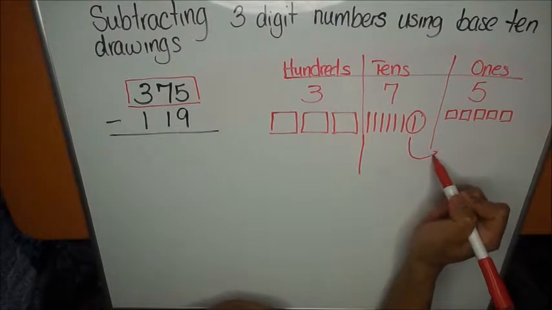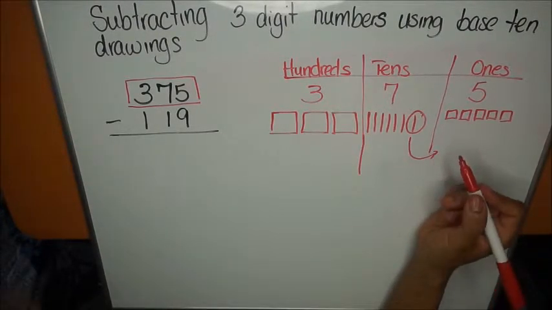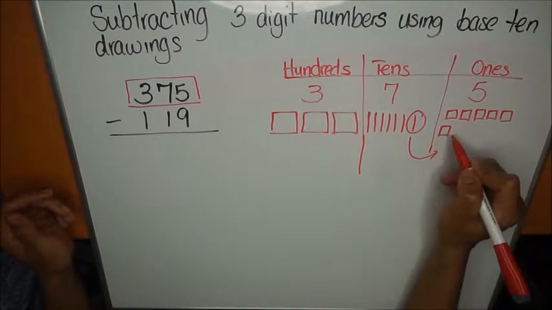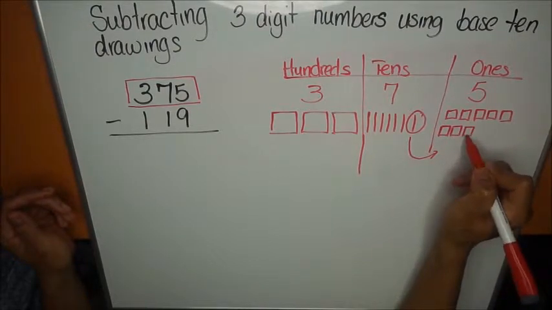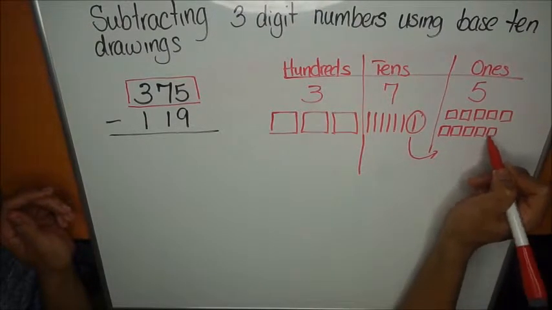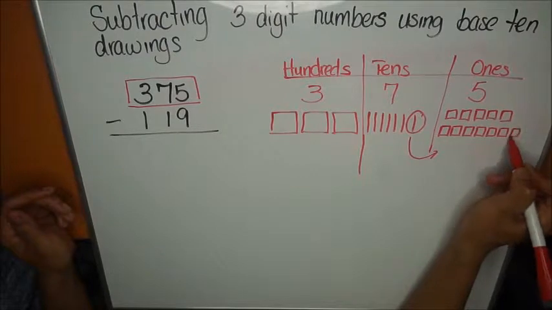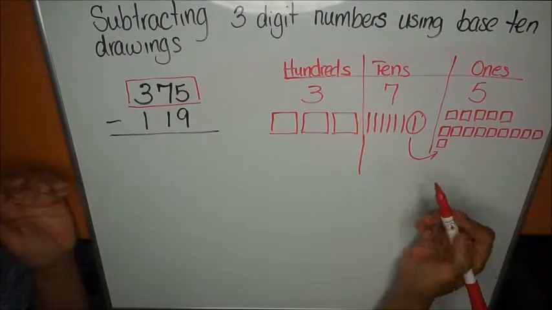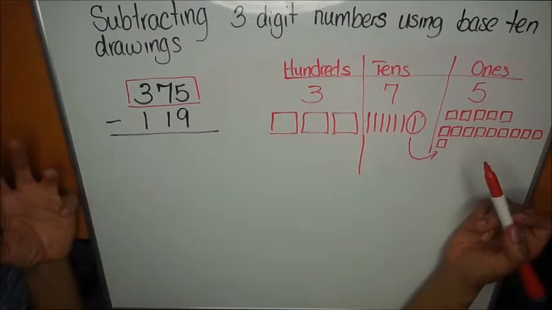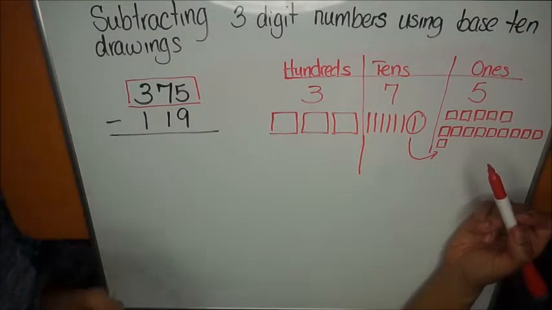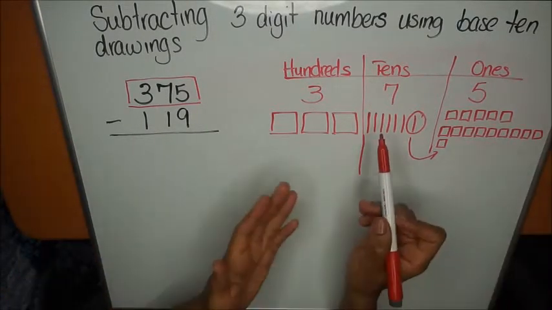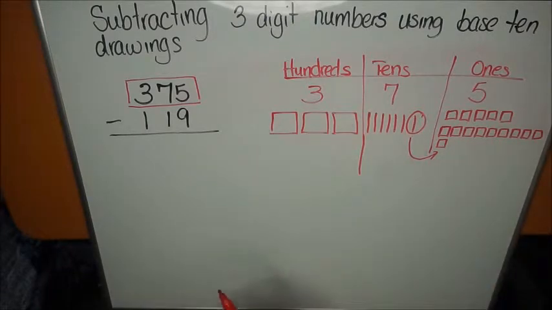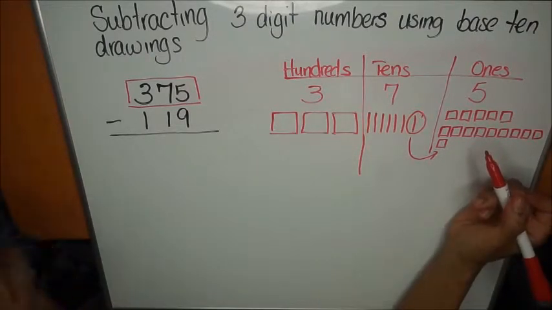So I'm going to convert my long into 10 units. 1, 2, 3, 4, 5, 6, 7, 8, 9, 10. And why am I doing that? Because you cannot put a rod, or tens, in the ones place. You have to convert it.